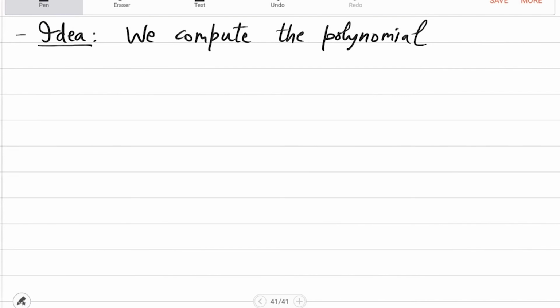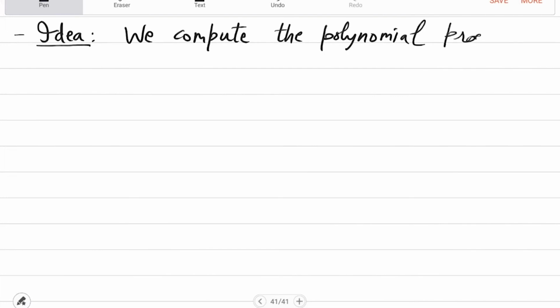So we'll actually compute the polynomial product A hat x times B hat x modulo small numbers. So 2 raised to 3k plus 1.